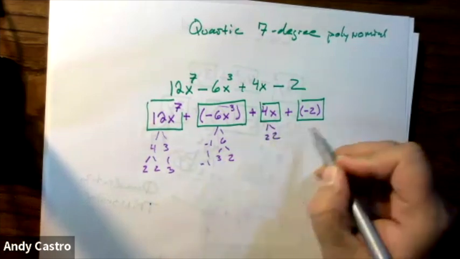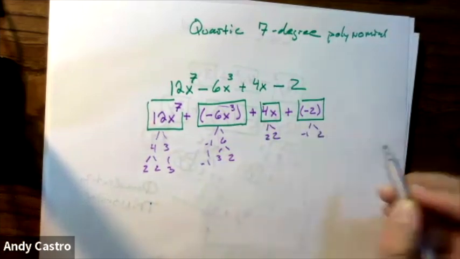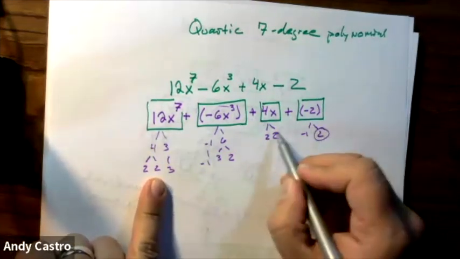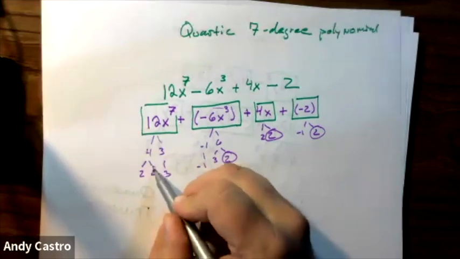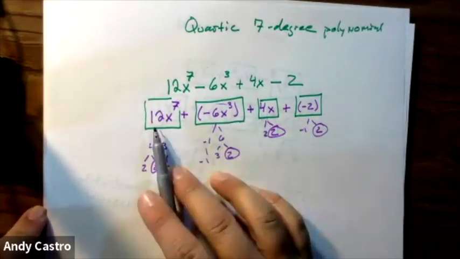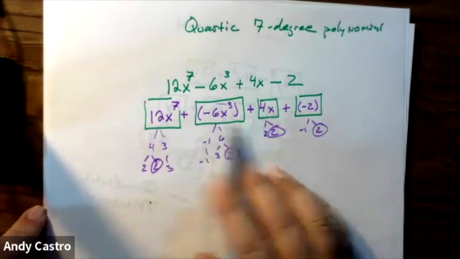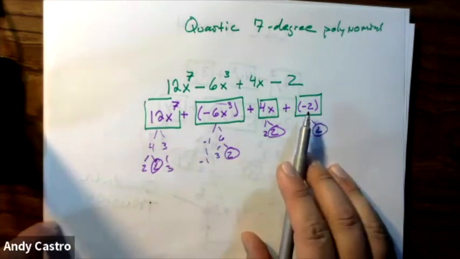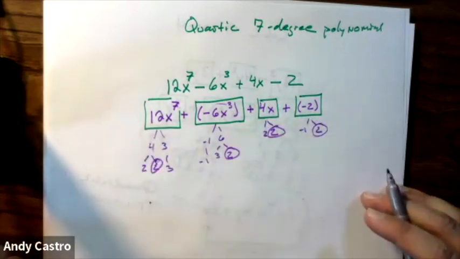This will be 2, 2, and this is -1, 2. So if we look here, we see that we have a 2 in common at each one. Now, you may be able to look at that and already know there's a 2 in common there. If everything is even, you know you at least can pull out a 2.